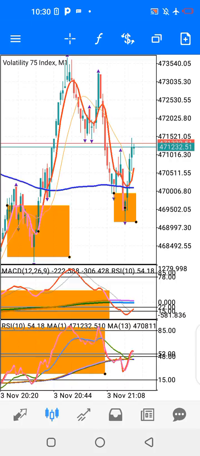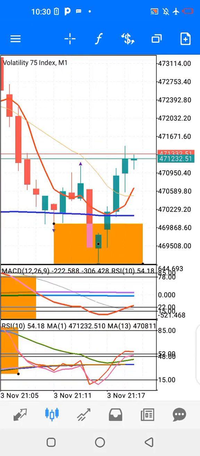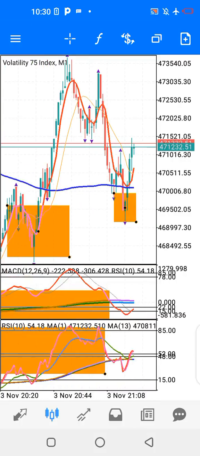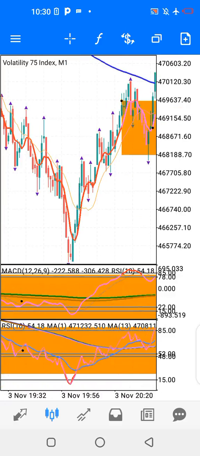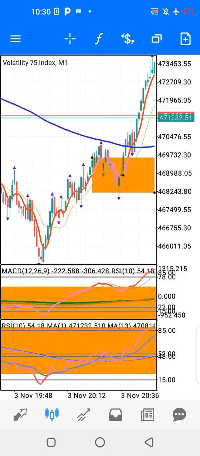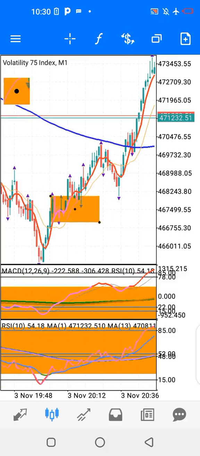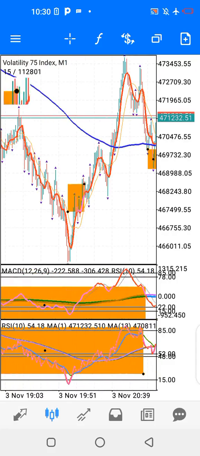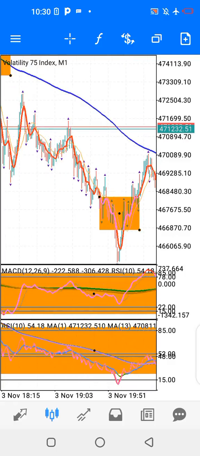Now the shade of the 13 is quite light. The 13 moving average is rather insignificant, in the sense that it also forms a crossover, but I don't really consider the crossover because it can cross and then cross and then cross, like you have a cross here.